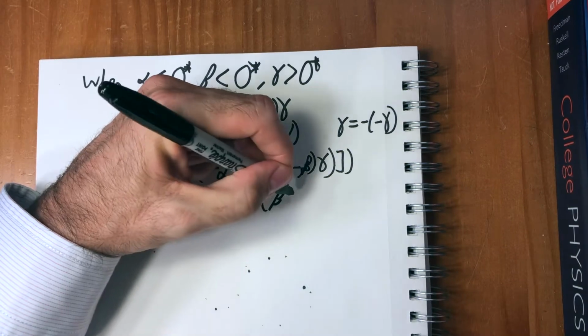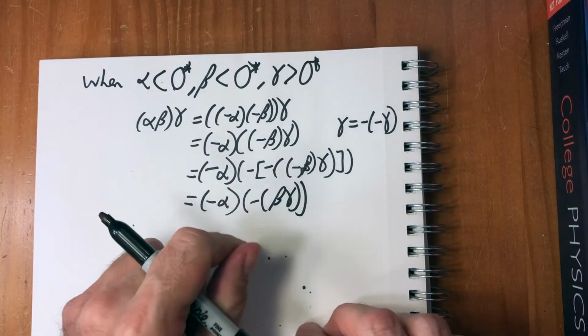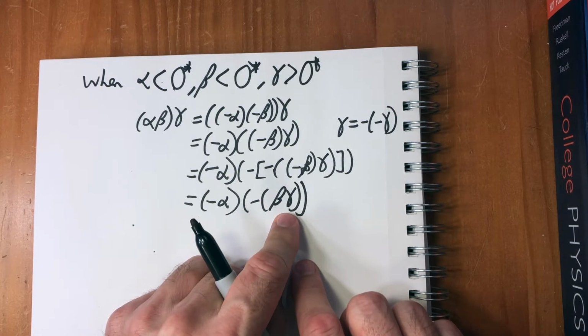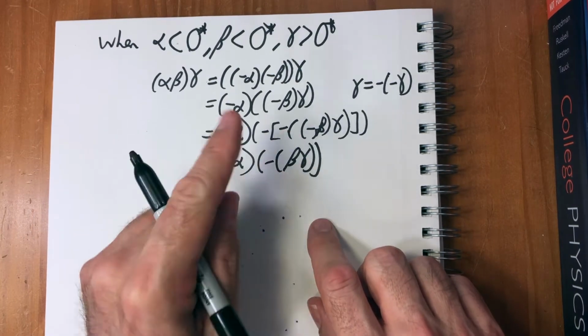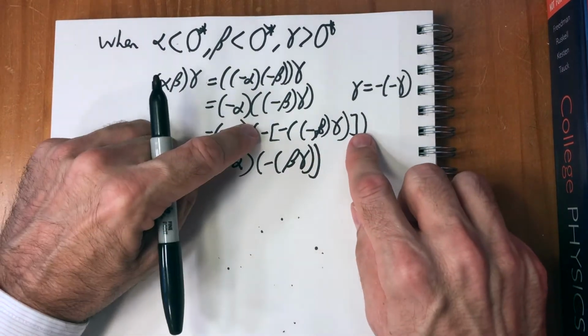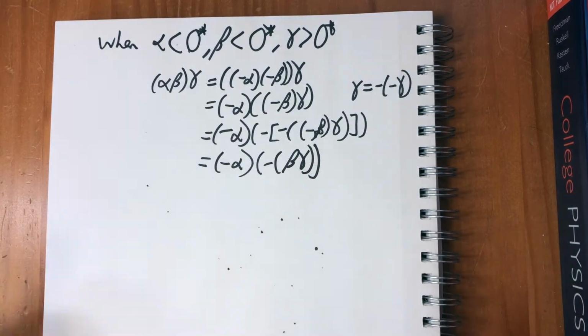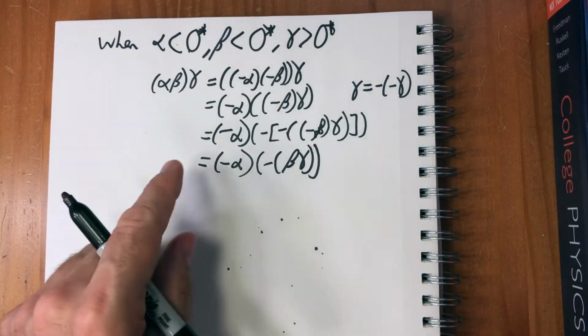That, in other words, is, right? Because beta is negative, gamma is positive. The definition of that is this right in here. That is beta gamma. And then we took the inverse of that whole thing is here and then multiplied it by minus alpha. Now what do we have?